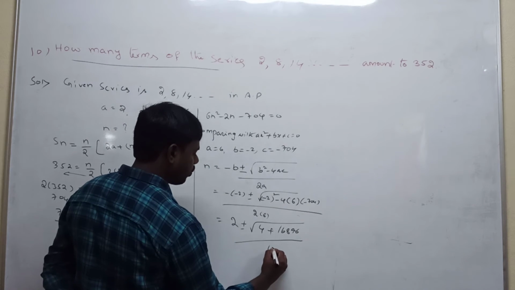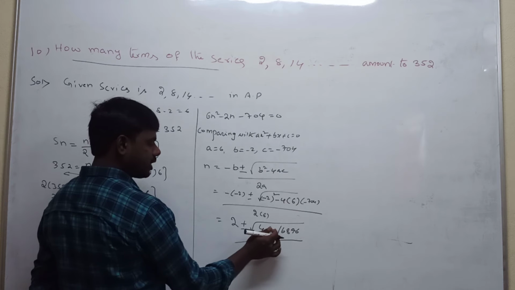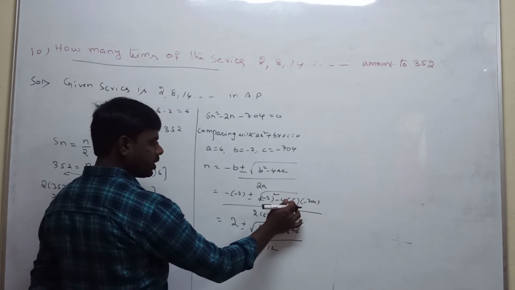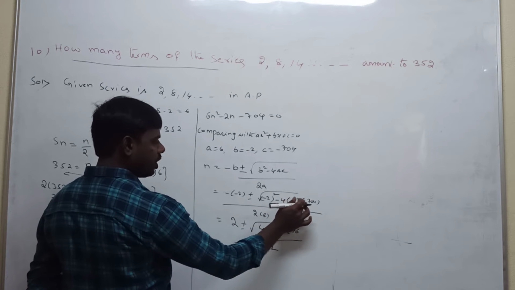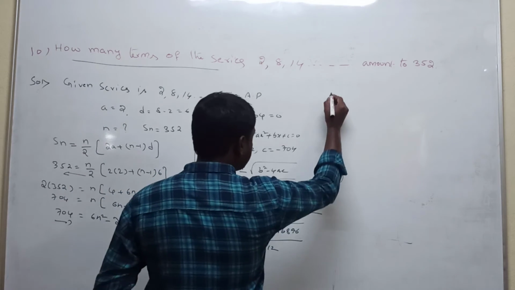Minus 2 whole square value is plus 4. Minus into minus is plus, 4 into 6 is 24. 24 into 704 value is 16,896.